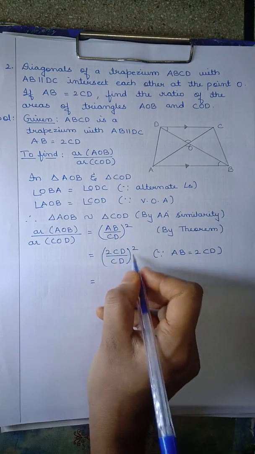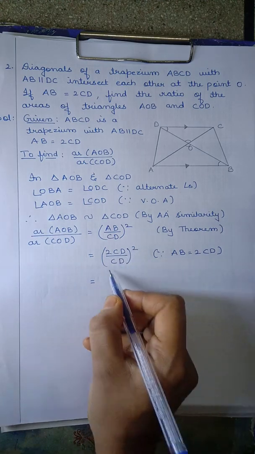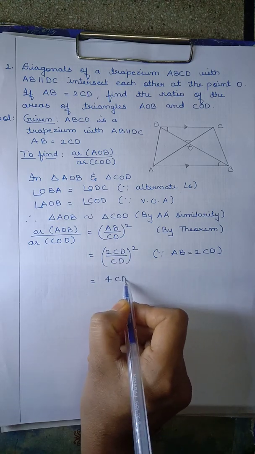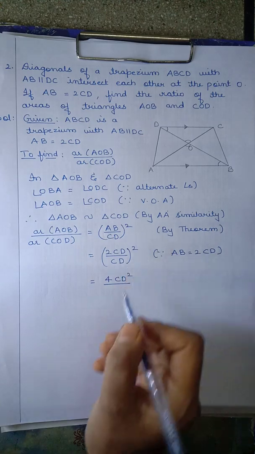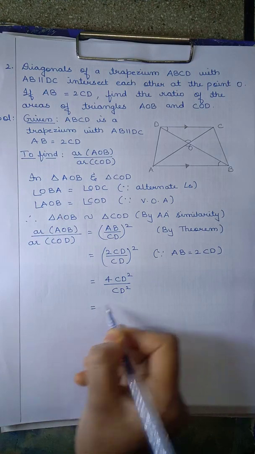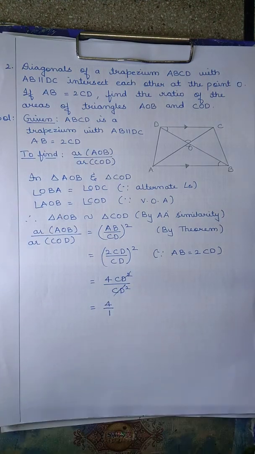Now simplify. It is whole raised to square. So 2CD whole raised to square will give you 2CD into 2CD, that is 2 2s are 4 and CD square. So in the denominator also CD into CD whole raised to square, so you will get CD square. Okay. Now CD square will get cancelled. So what remains? 4 by 1 remains.